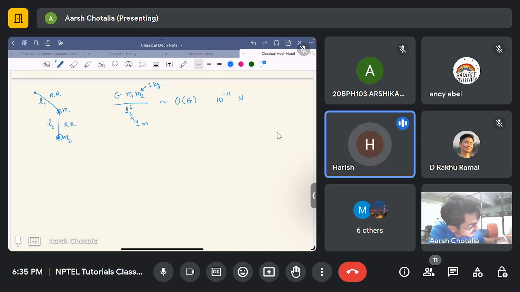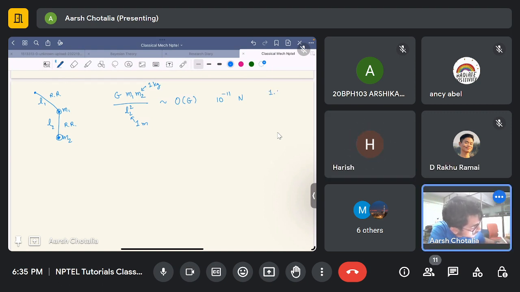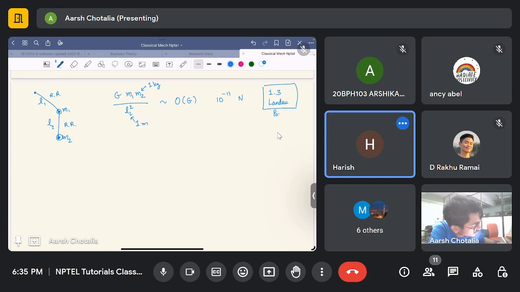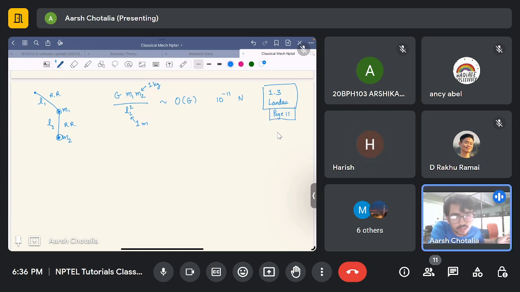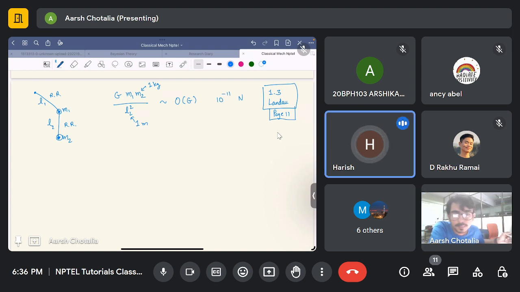Yeah, it's problem 3 in the first chapter, 1.3 in Landau, page number 11. Okay, I'll look it up and let you know if I can find some reasonable explanation. All right. Okay, thank you.